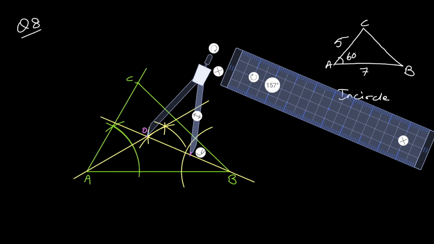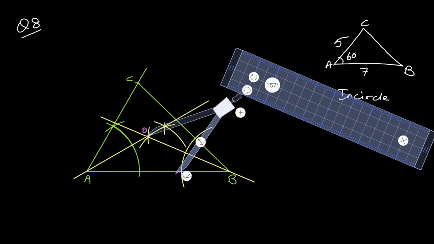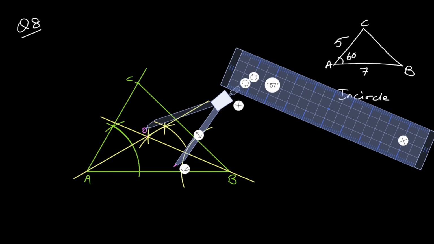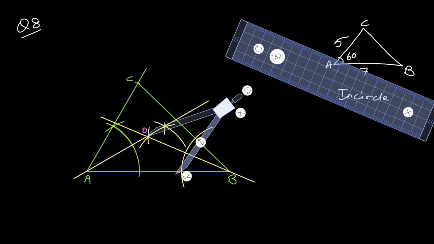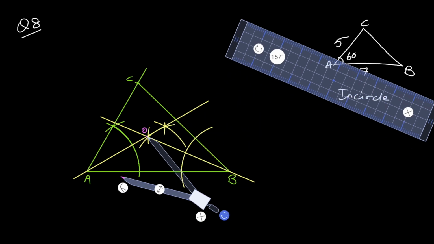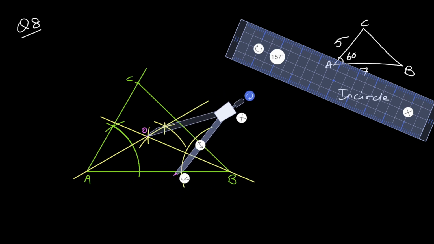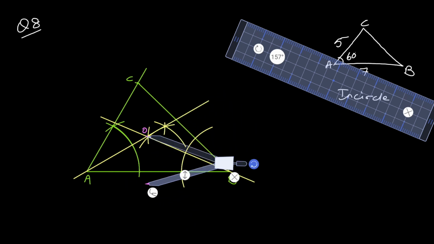Suppose you want to drop a perpendicular on AB. You take a radius such that you get 2 points of intersection on AB. If you see, there are 2 points of intersection if I take this radius.